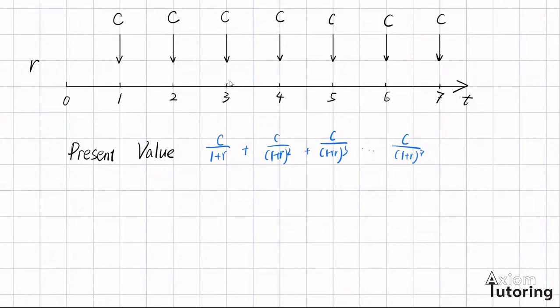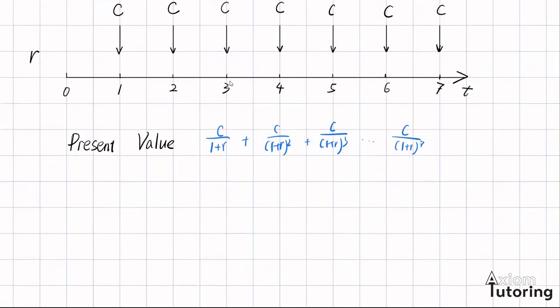We do not want to use the calculator that much, especially when you have 10 years or 20 years or even 50 years or more. We're not going to write all these calculations and do them by hand or on the calculator.